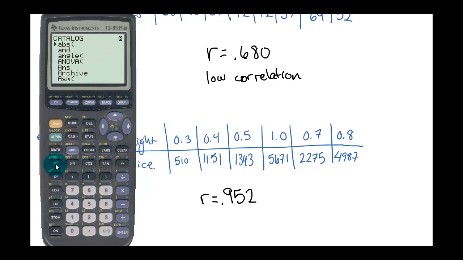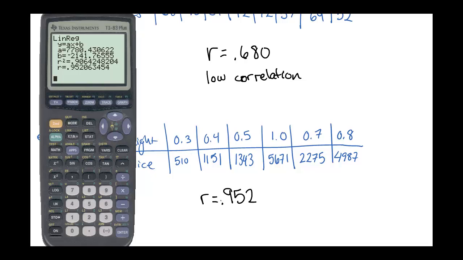If you find the button that has a D written on it in green, this is the x to the -1 button on my calculator, you can jump down to the D options, and you want to go through and pick DiagnosticOn. So if you select that and just press enter, it'll say done, and then go ahead and run your regression again, and you should see the R and R squared values show up. So you only have to do that once, and then it'll just keep giving you those values each time you use the LinReg option.